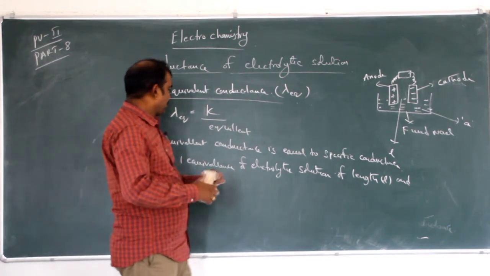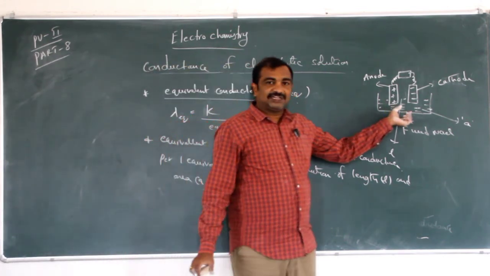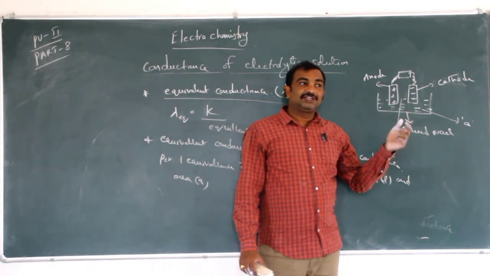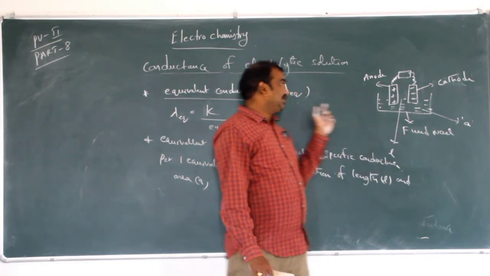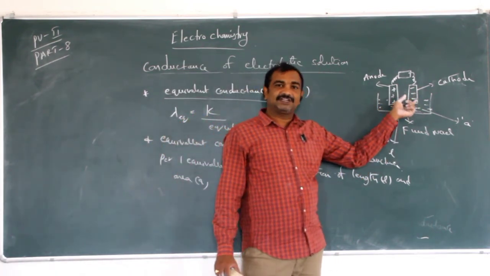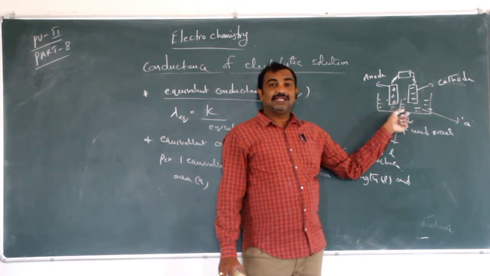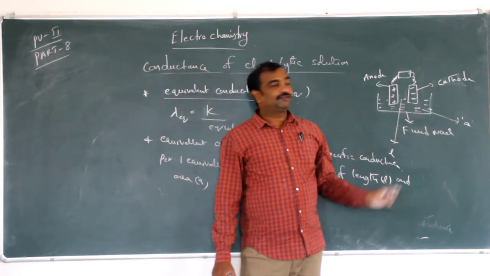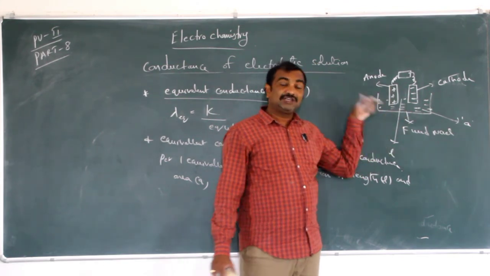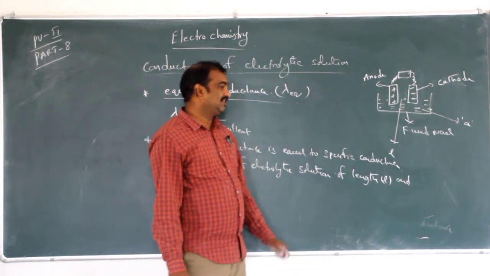If you take this electrolytic solution in equivalents, that means in normality, equivalent conductance is equal to the specific conductance per one equivalent of electrolytic solution.